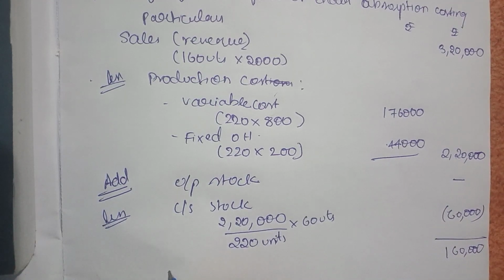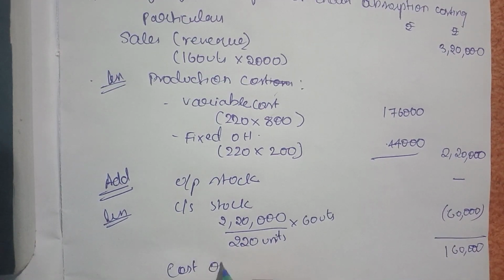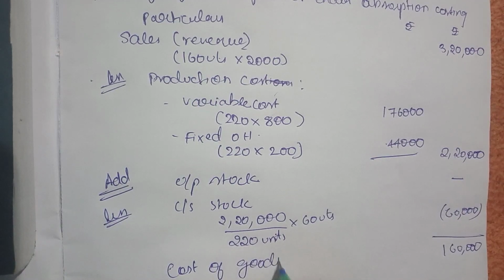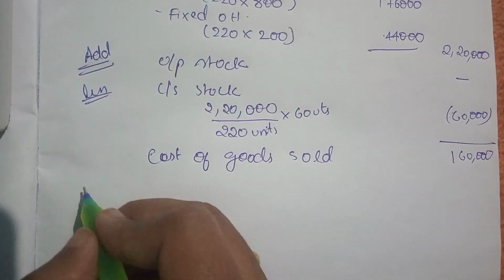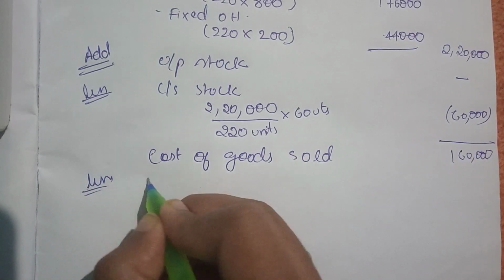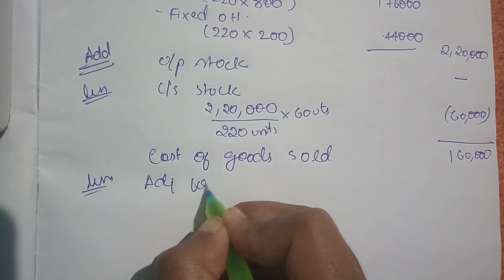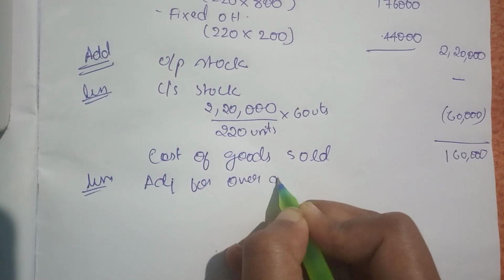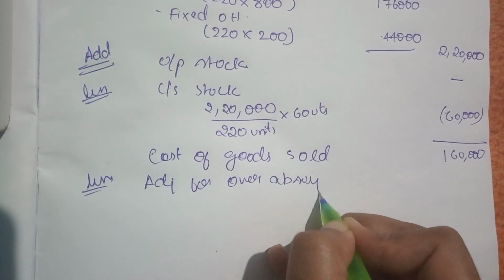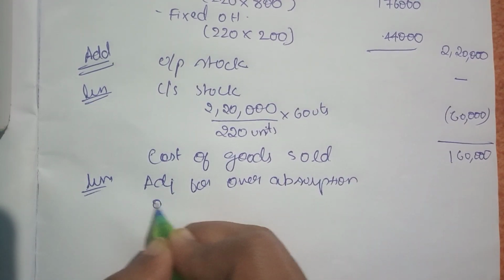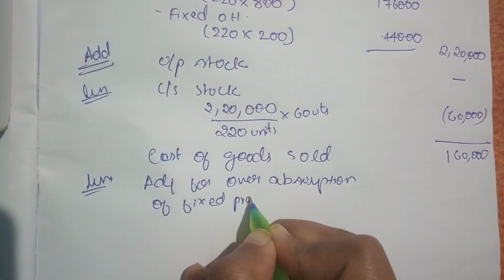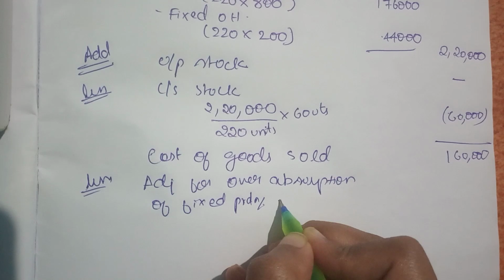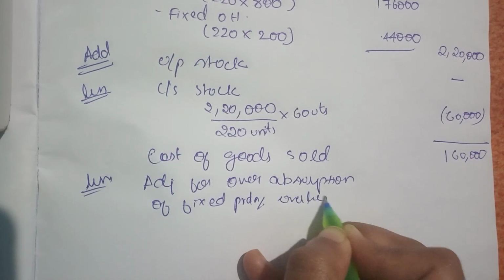This will be the cost of goods sold. Less adjustment for over absorption of fixed production overheads.